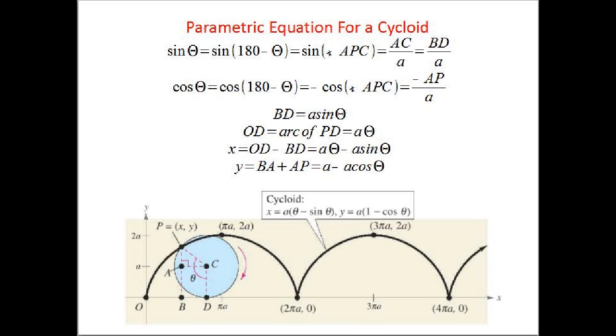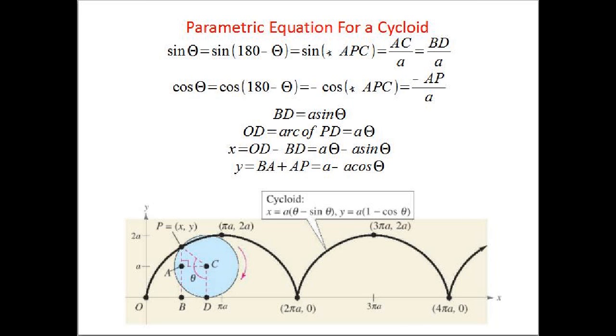For y, we look back at cosine, and we multiply both sides by A, and that gives us AP is equal to negative A cosine. So solving for y, we can look at BA is equal to CD, which is the radius A. So y is equal to A plus negative A cosine.